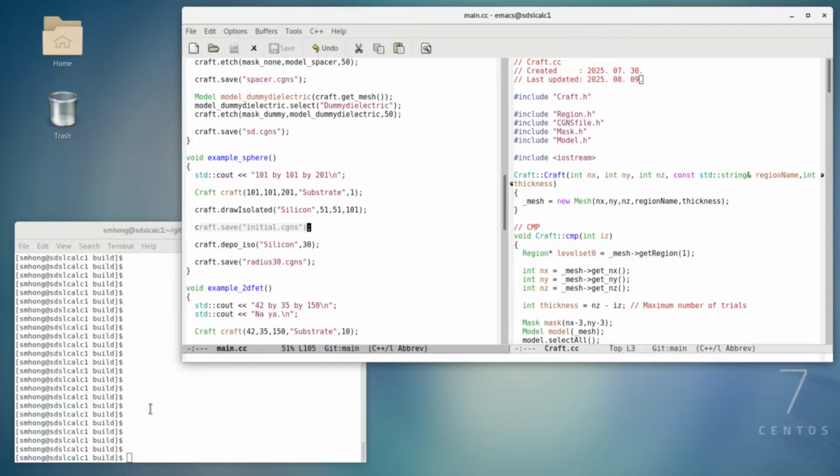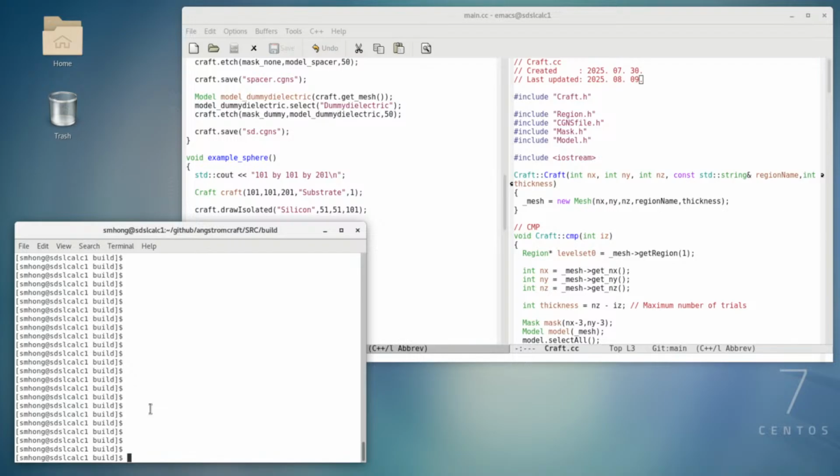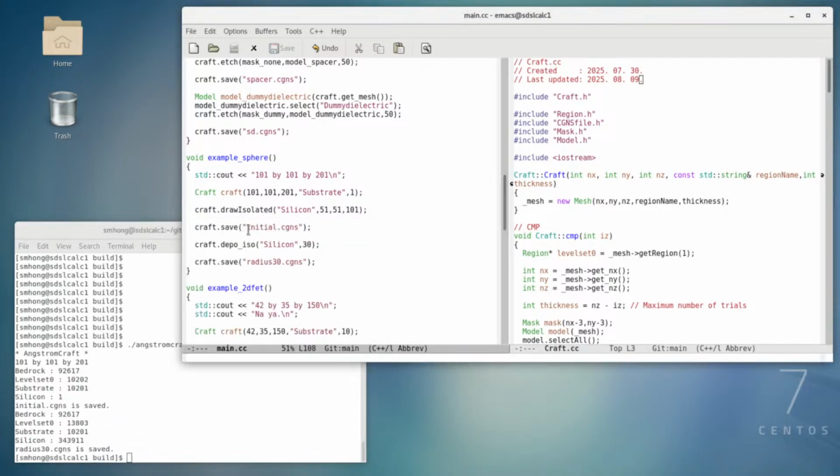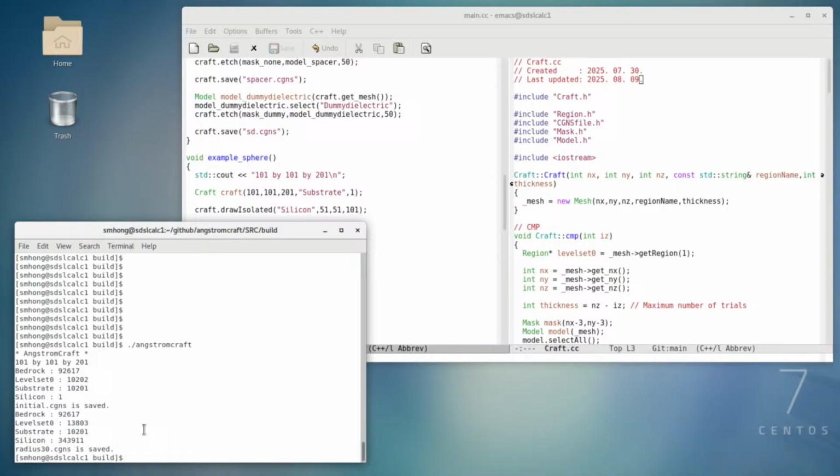Okay, so let's just have a look at the result. So I just run it. It is quite fast because this is a little trivial. First, load the initial dot cgns file.